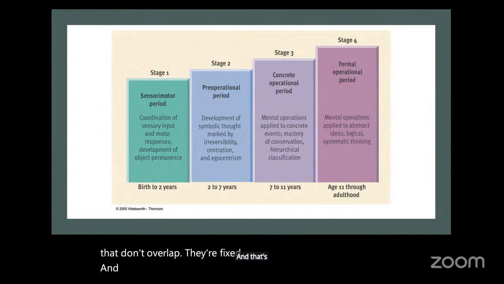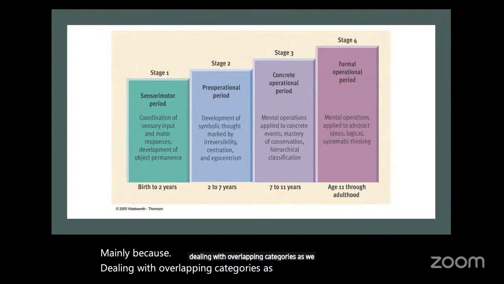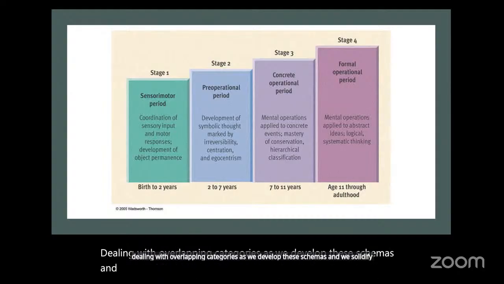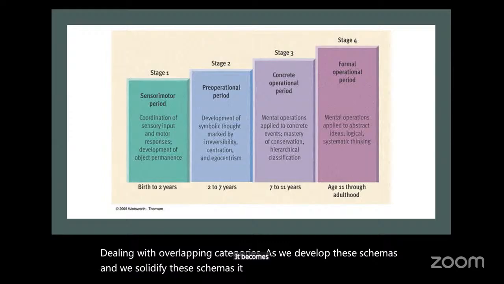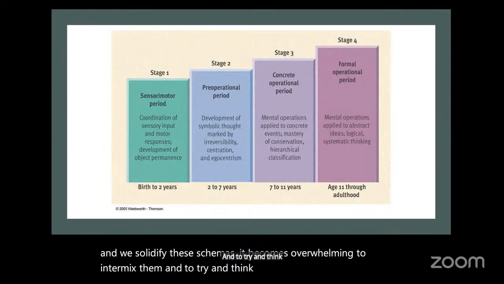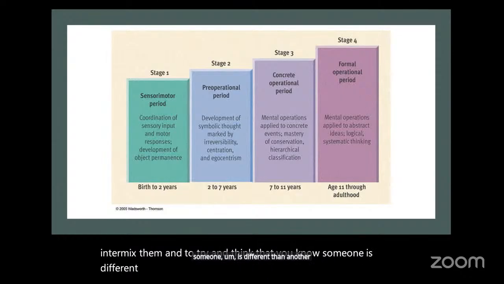And that's kind of the world that kiddos exist in, mainly because dealing with overlapping categories, as we develop and solidify these schemas, becomes overwhelming. It's hard to intermix them and to think that someone is different from another or they're the same.